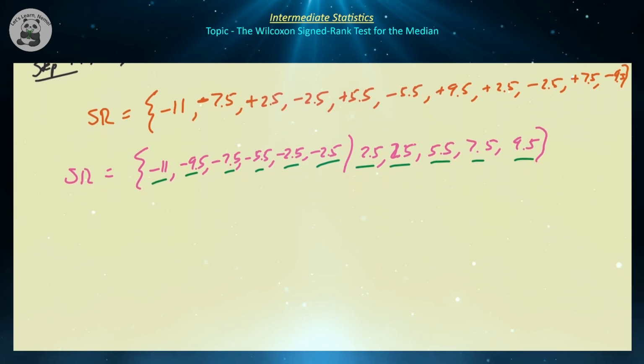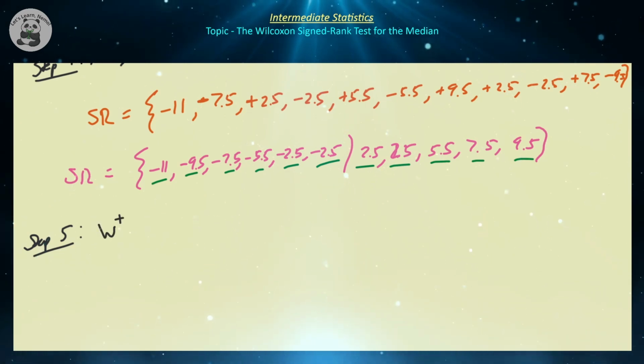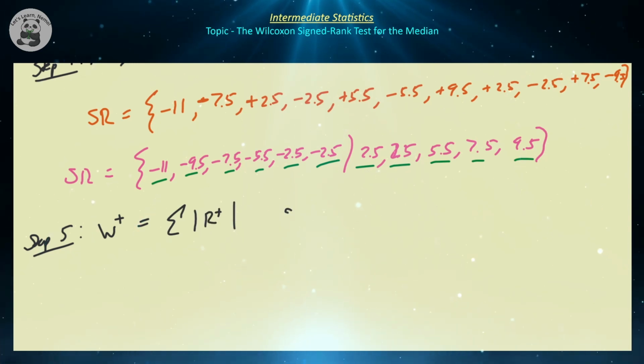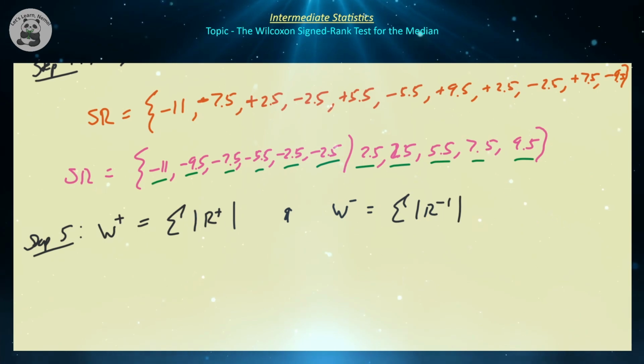So once we have all of those objects, then step 5 is to calculate these next metrics, which are going to be defined as W plus, which is going to be the sum of the absolute value of the positive ranks, and W minus, which is going to be equal to, not minus 1, just minus. So that's going to be equal to the sum of the absolute value of the negative ranks.